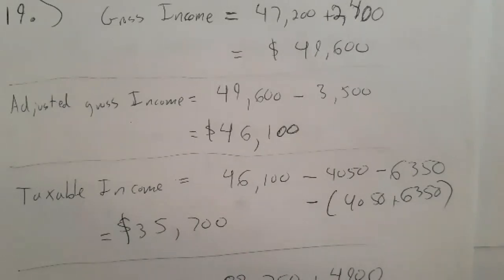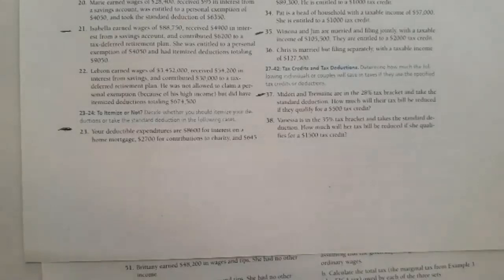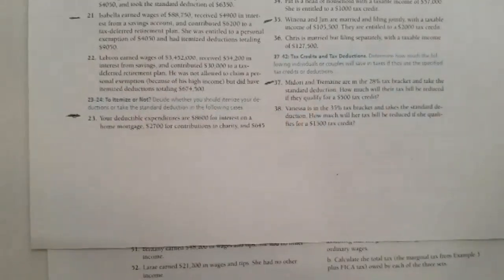Yep, that's it. And so 21, it looks very similar, right? 21 is the same sort of problem. So if you want to tell me how to get this again.